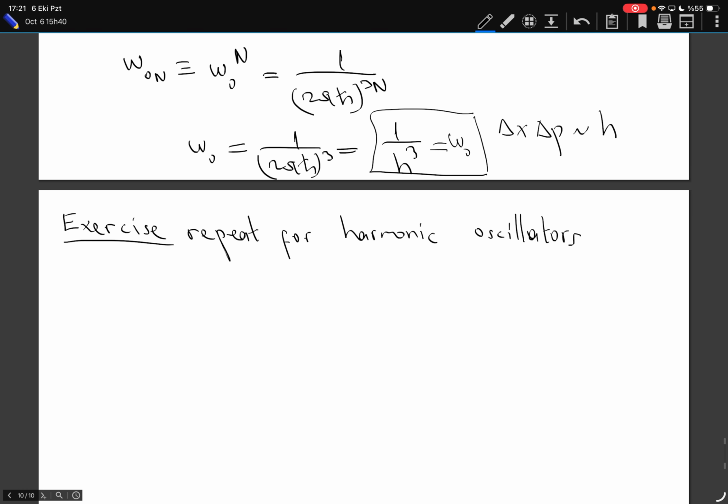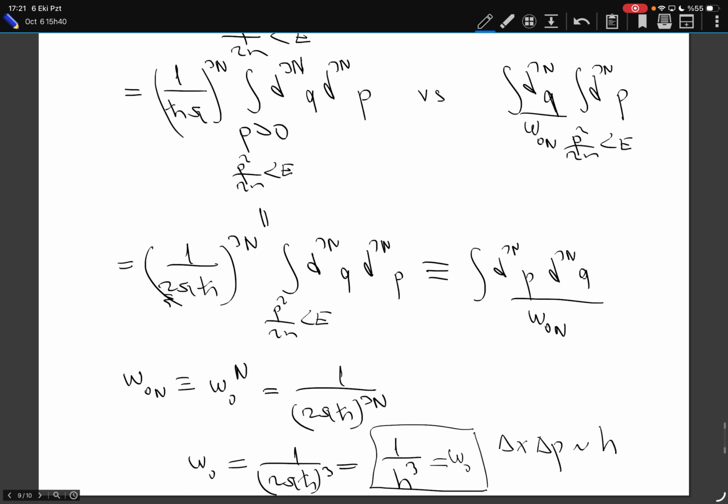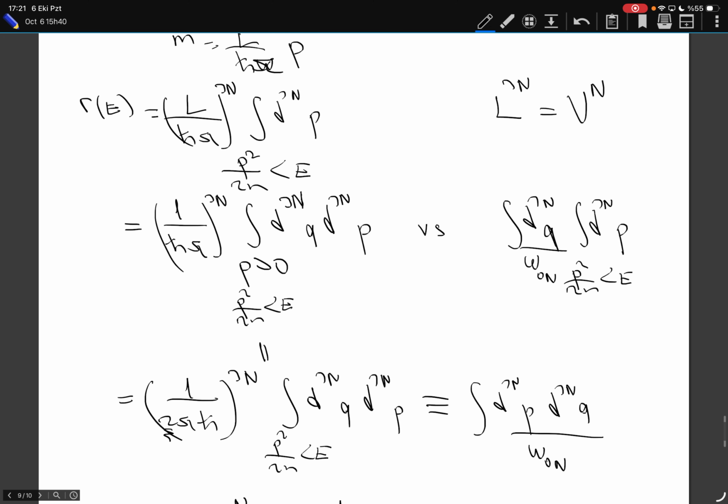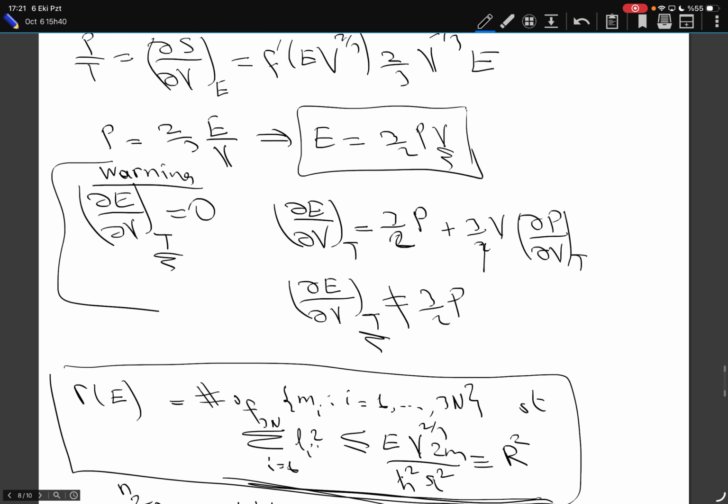Well, you see, basically we are looking at the same problem from two different perspectives. On one hand, we use classical physics, classical phase space. We counted the number of microstates as being something proportional to the surface area or the volume of allowed space in phase space. Or we looked at the same problem from a quantum mechanical perspective by just solving the non-interacting quantum mechanical system of 3n non-interacting particles, particle in a box.